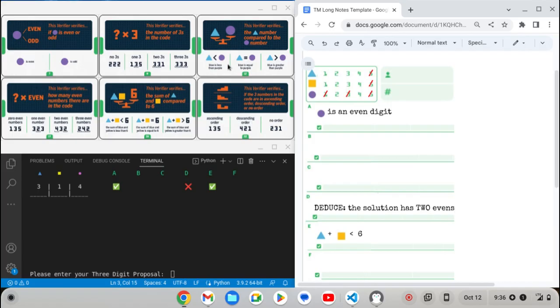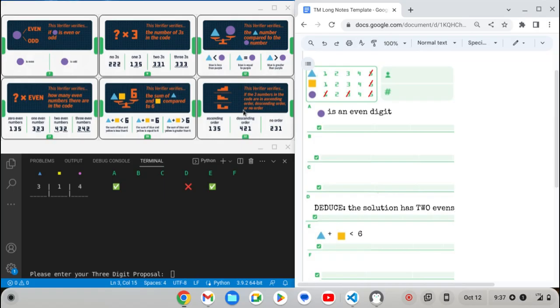to help us deduce that the solution should have no order. What I mean by that is that if I assume that the solution is in ascending order, meaning it's increasing, that would automatically mean that triangle would have to be smaller than circle, making this card irrelevant.